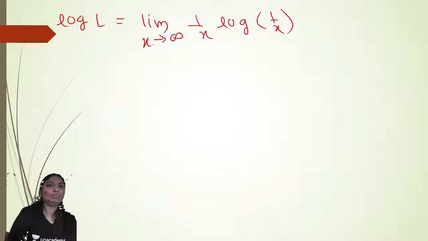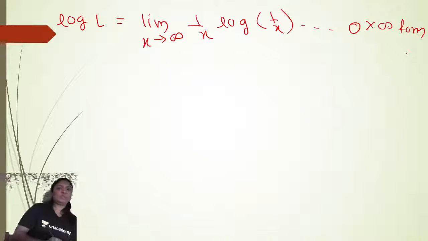Right? Now put limit as x tends to infinity. So 1 upon infinity is 0, and log of 1 upon infinity, log 0, is infinity. So 0 into infinity form. It is converted into 0 upon infinity form.